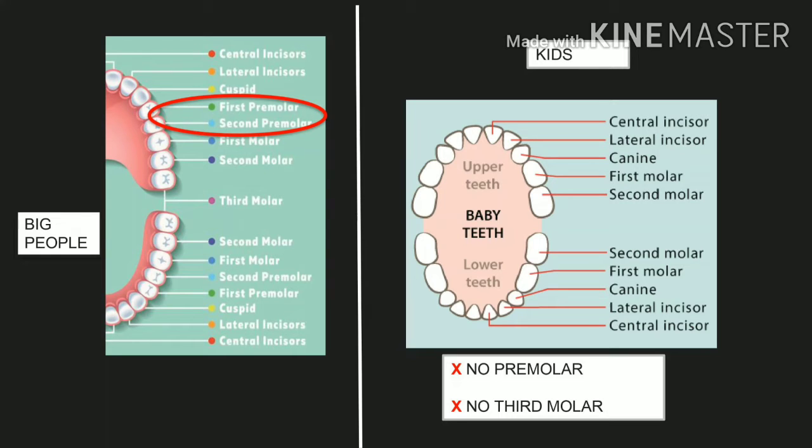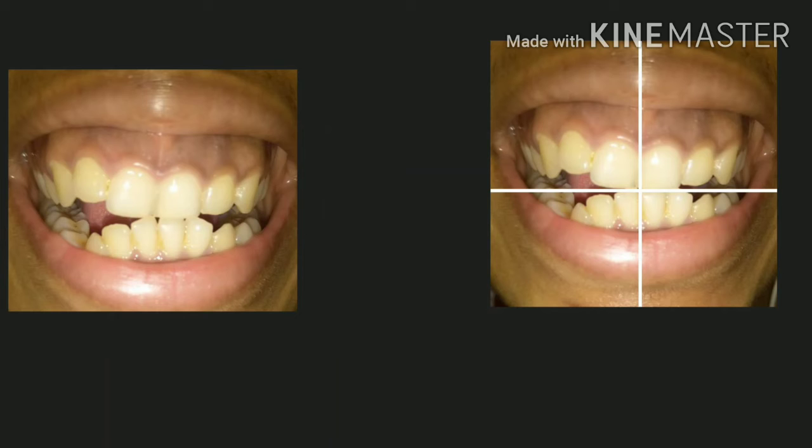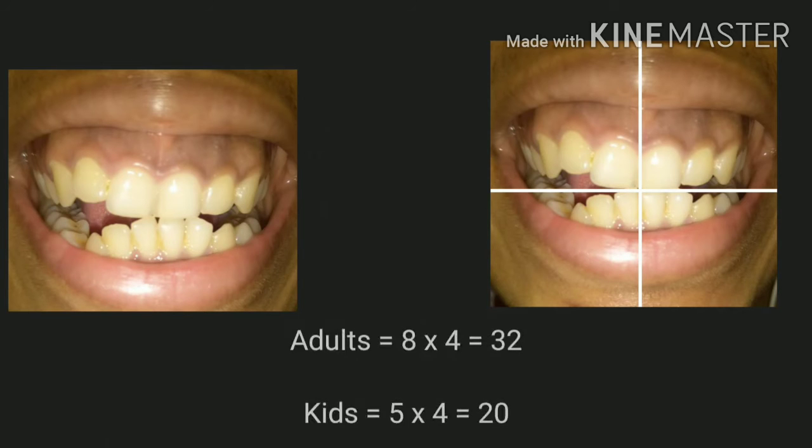Whereas in kids, we have 5 teeth on each side. There is no premolar and no third molar. So that makes 2 incisors, central and lateral, 1 canine, and 2 molars, first molar and second molar. Remember guys, in adults, 8 teeth on each side and we have 4 sides, so 4 multiplied by 8 equals 32 teeth.